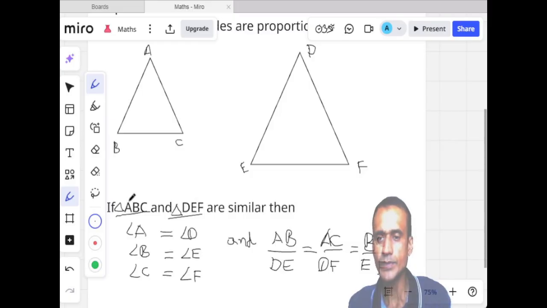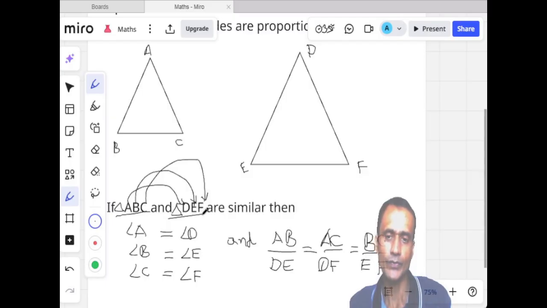So we have to check the correspondence: angle A is equal to angle D, so the first letter here should be D. Angle B is equal to angle E, so the middle letter here should be E. Angle C is equal to angle F, so the last letter here should be F.